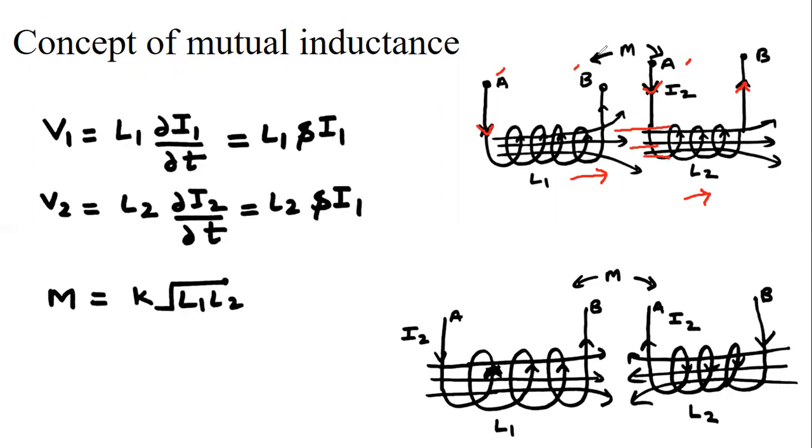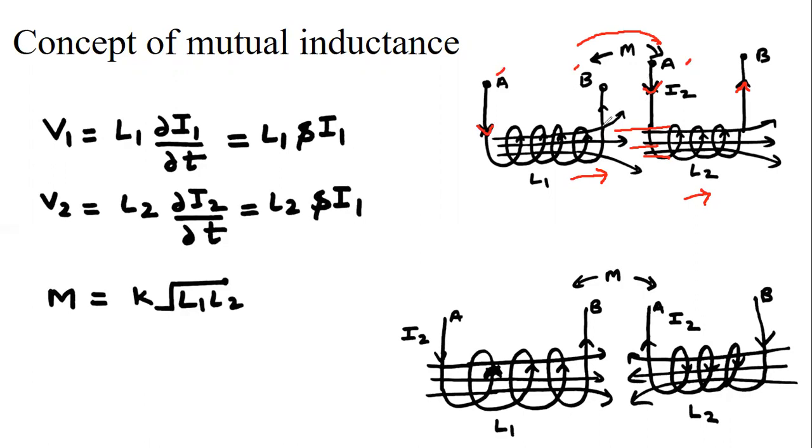Then we can say these two coils are coupled with each other. Okay, if the flux of one coil does not link with the other coil, then they are independent coils, and there is no effect of one coil on the inductance of the other coil.